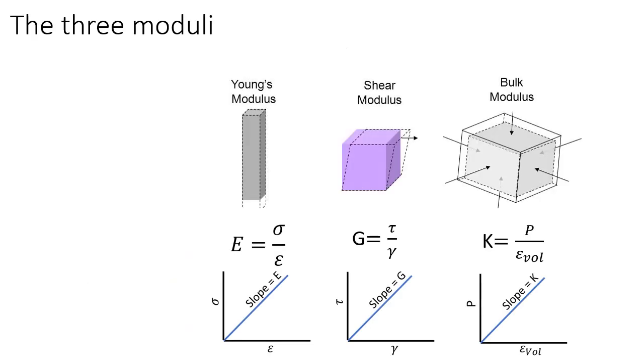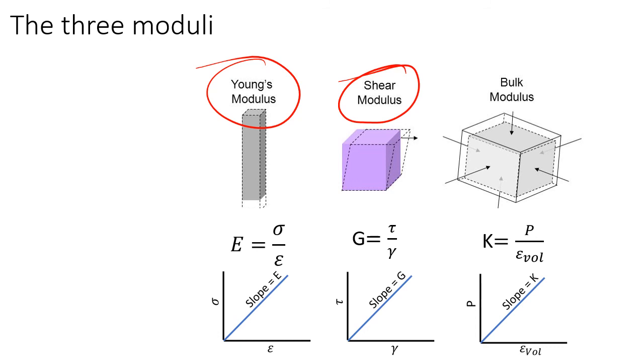This slide just shows the three moduli that you'll have come across in this module this year. First of all, you'd have looked at Young's modulus, E equals stress over strain, and that will be for direct stress. If we've got torsion or shear, then we need to look at the shear modulus, or the modulus of rigidity.